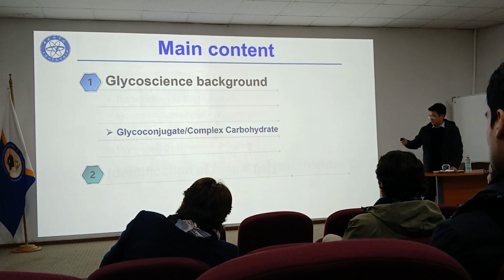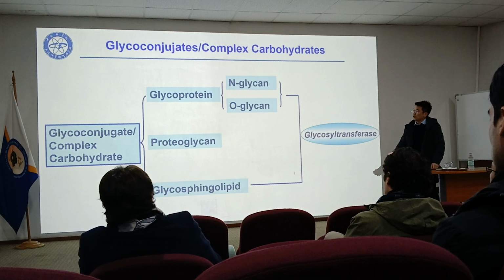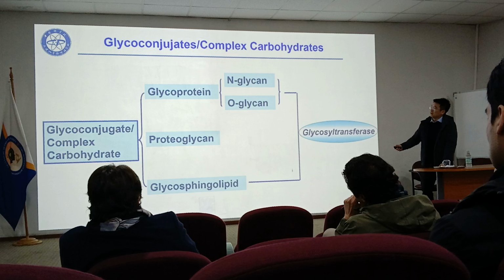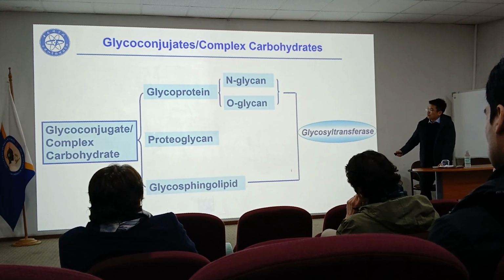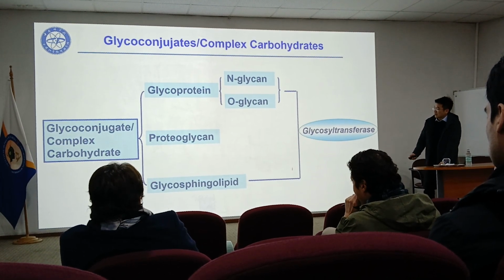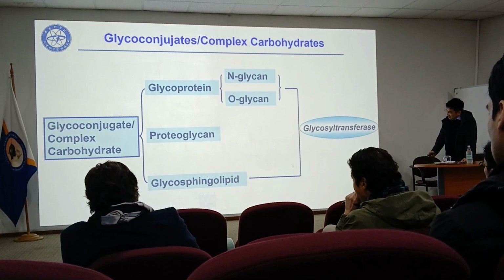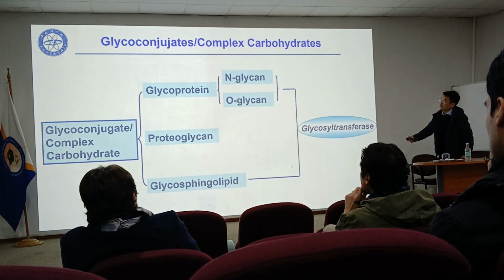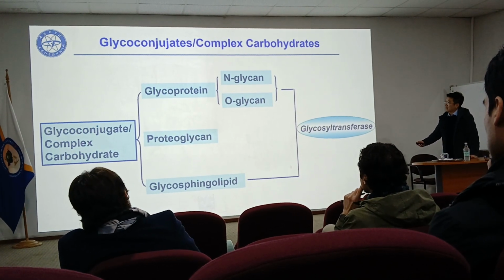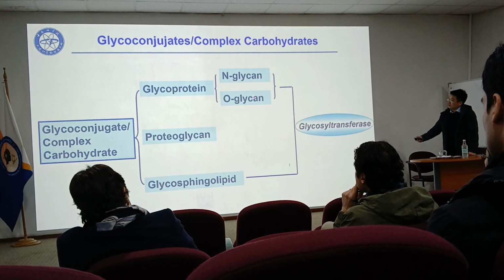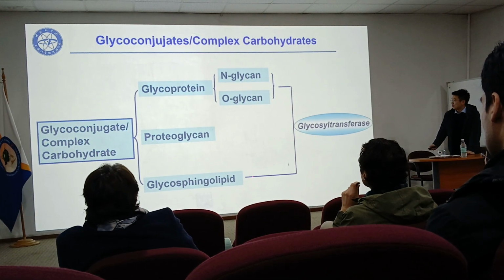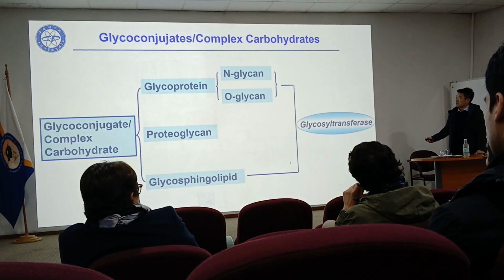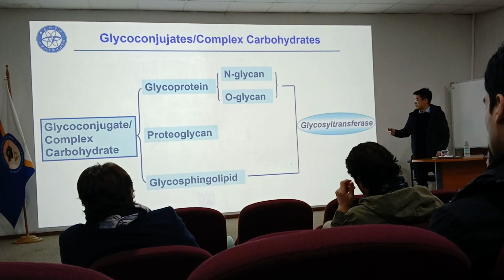These are complex carbohydrates because they not only have the carbohydrates, they also have other compounds like glycoprotein, proteoglycan, and glycosphingolipid. And for the glycoprotein, it can contain the N-glycan or O-glycan, but in all these different glycoconjugates the glycan is added by glycosyltransferase to these different proteins or lipids.